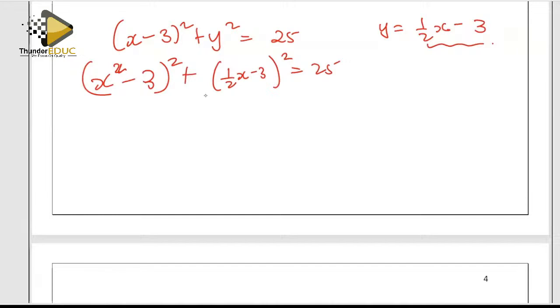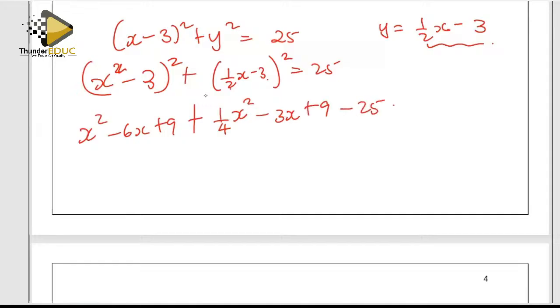Okay, let's open it up. So that's x squared minus 6x plus 9 plus a quarter of x squared minus 3x, because I multiply this and then times 2, and then this is going to be a plus 9 minus 25 becomes 0. Let me just collect my like terms quickly.